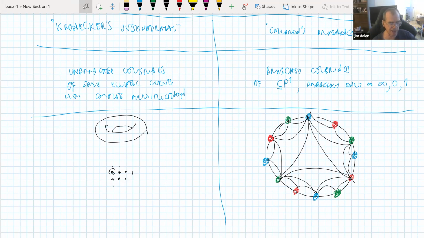So one of the things I'm saying is that both on the left-hand side and on the right-hand side, you can think of these as some sort of schemes.